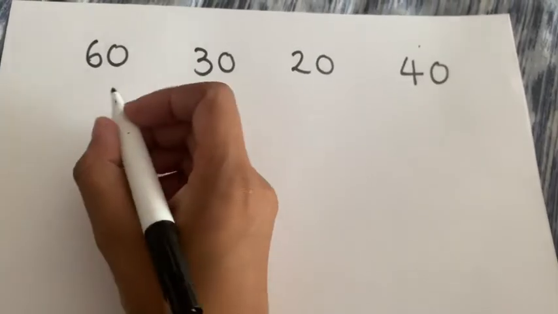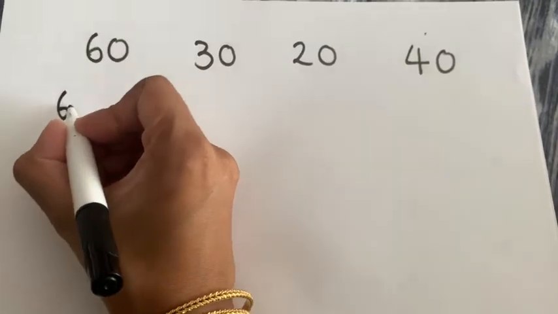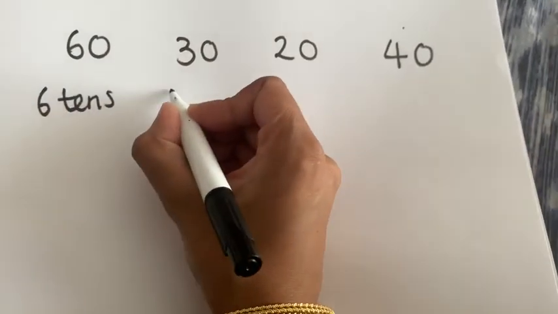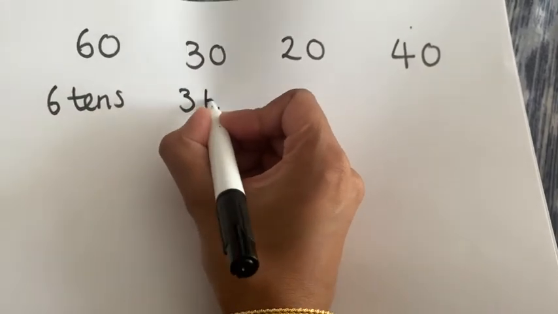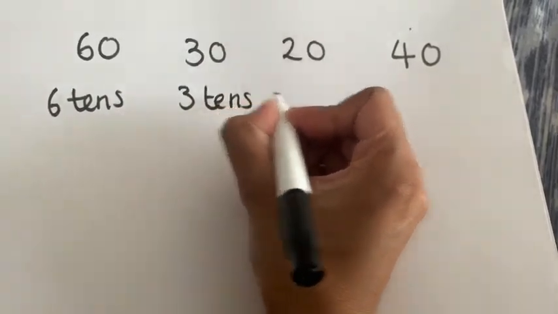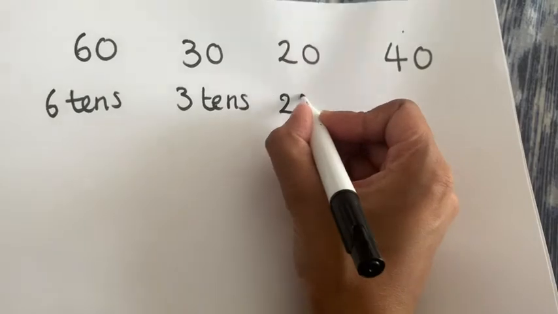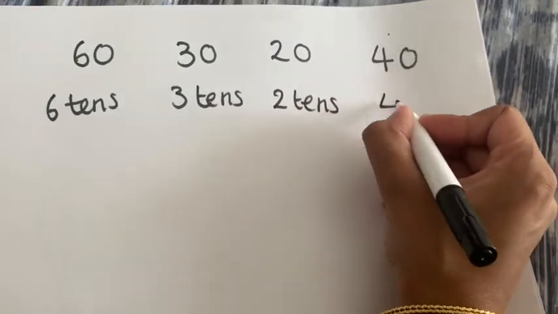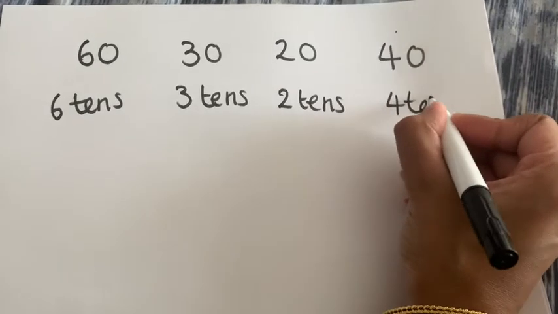Right, we have 60, which has 6 tens. 30, which has 3 tens. 20, which has 2 tens. And 40, which has 4 tens.